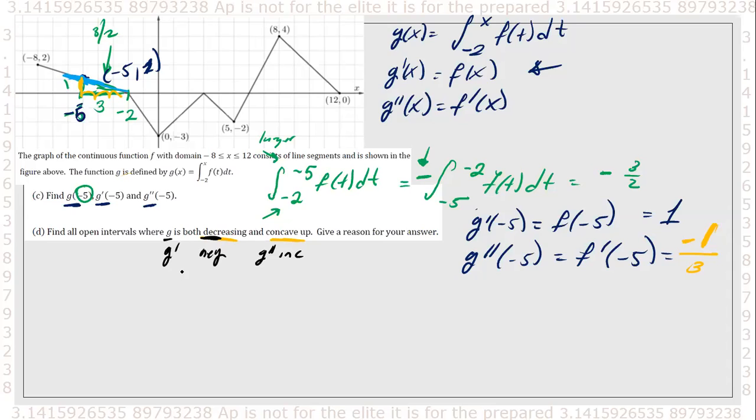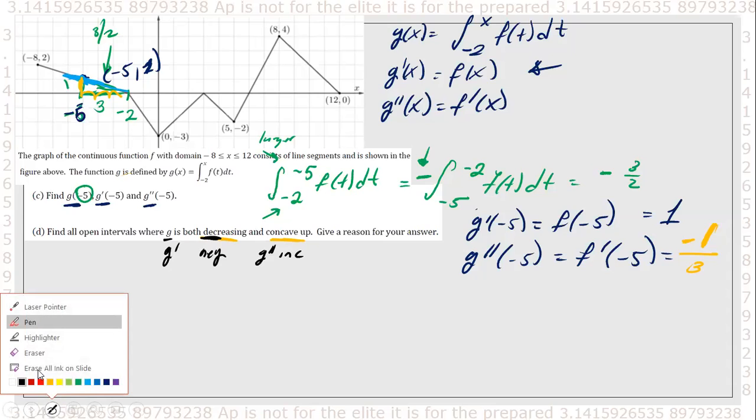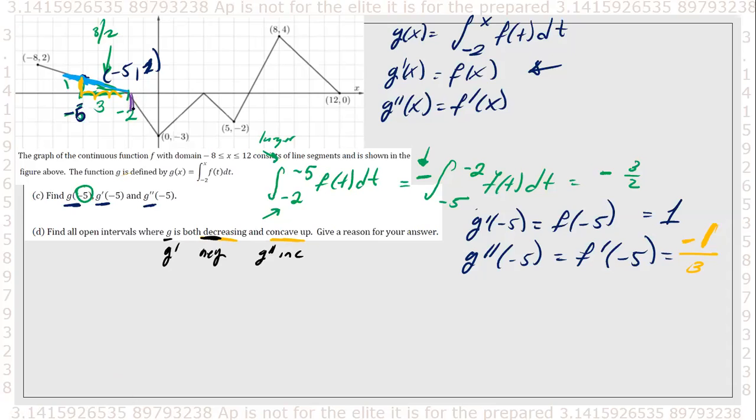So let's go ahead and look. When is the function negative and increasing? We can see that it is negative all of this part right here. Let me erase some stuff. Purple's fine. So it is negative all of this right here, which means G is decreasing.